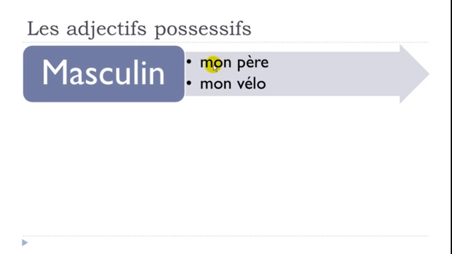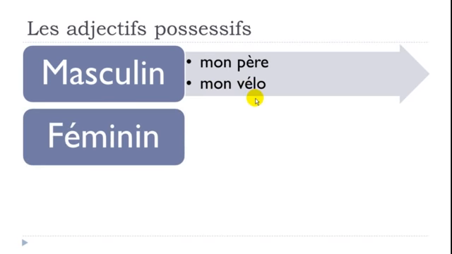Okay, so the subject, the person who is actually talking about his father or her father, doesn't really affect the fact that you use the masculine or the feminine here. You put the masculine because father is masculine. Okay, so vélo, bicycle. If you want to say my bicycle, you will say mon vélo, just because vélo is masculine. Un vélo, and then mon vélo.